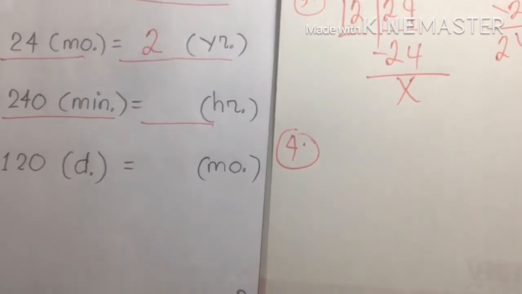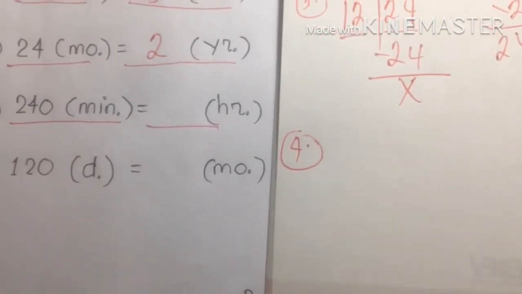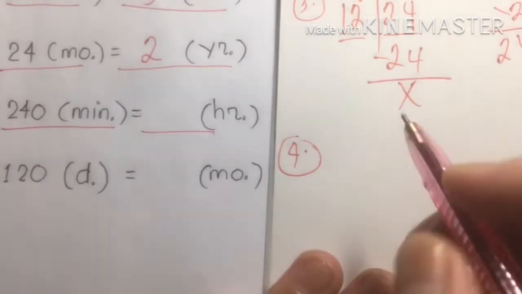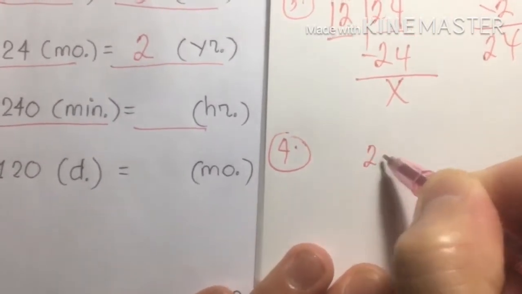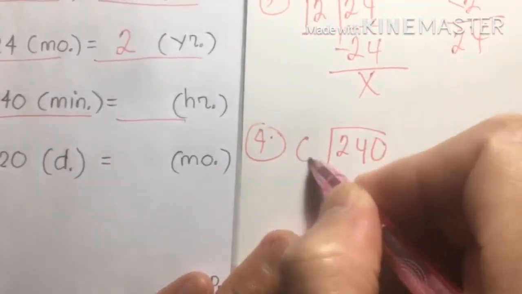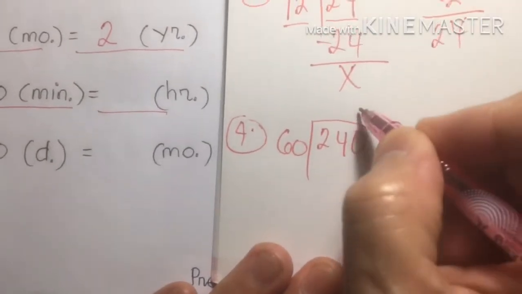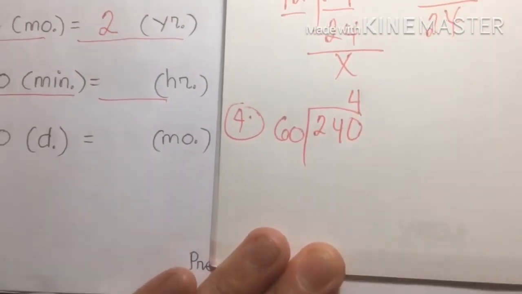Remember in the conversion from minutes to hours, in 60 minutes we have 1 hour. Let's start: 240 divided by 60. How many 60 in 240? I'm going to write here, please follow, guys, we have 4.